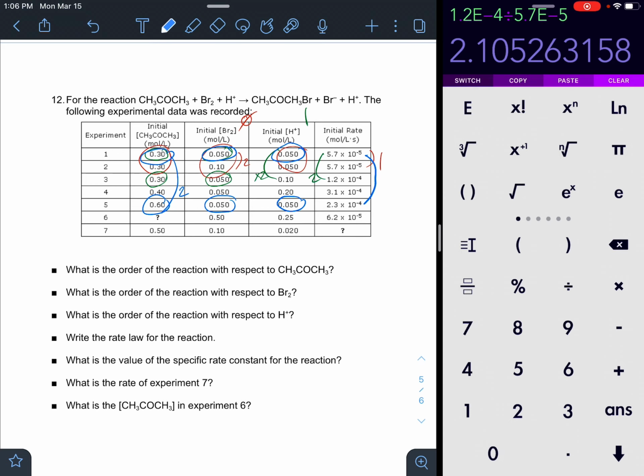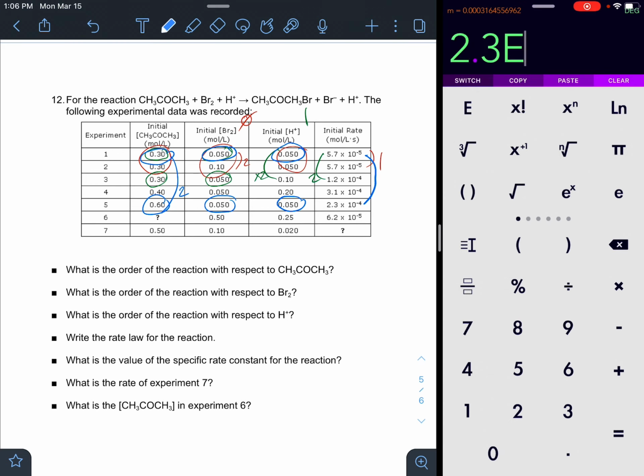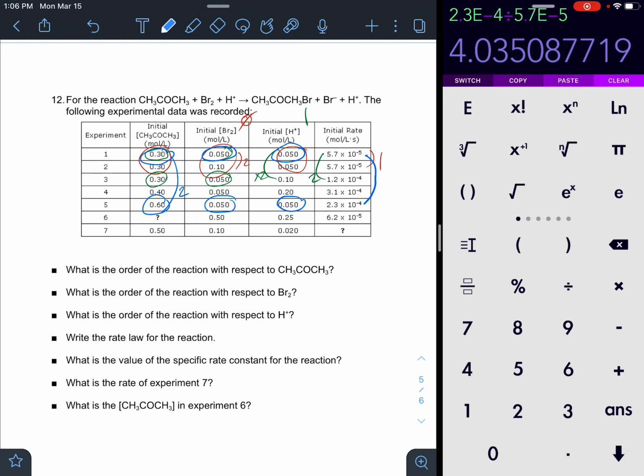And so then we look here, and we have 2.3 to the power of negative 4 divided by 5.7 times 10 to the negative 5, and that gives us a multiplier of 4. So that looks like 2 to the power of 2. So I'm going to say that the order with respect to this is 2, with respect to BR is 0, with respect to H is 1.